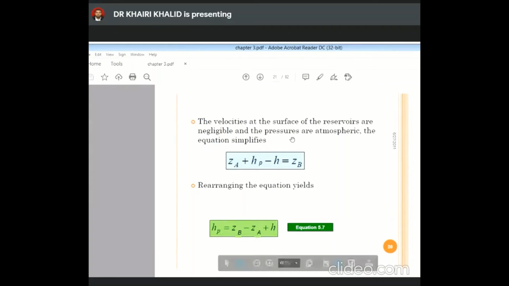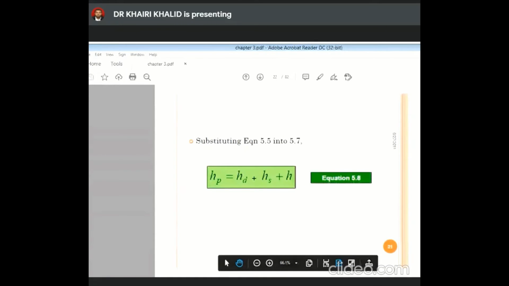Then you just rearrange as ZP, or head of power of pump, which is equal to ZB minus ZA plus H. So rearranged, this is the head of suction plus head of delivery plus head loss.